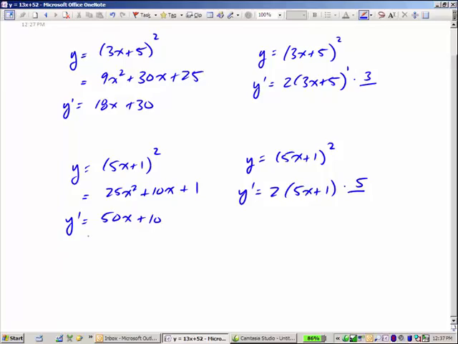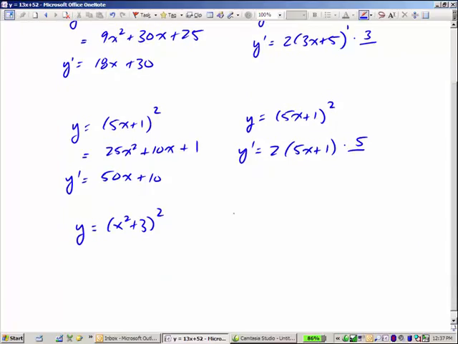Again, 2 does not make for a pattern. X squared plus 3. If Johnny Shortcut were to do this problem, he'd say, oh, it's going to be 2 times x squared plus 3. We know better than Johnny Shortcut. Now, this is a good question.